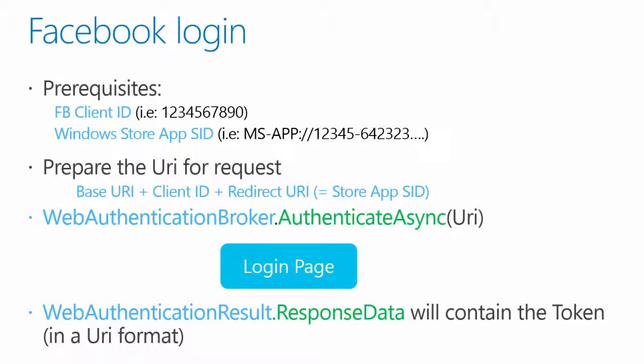As you can see, it's really simple to trigger this process because we just have one entry point, one single method to call. Calling this method will cause the broker to pause our current application and display the Facebook login page in full screen. If the user inserts the correct credentials, the broker will return us the authentication token in the response data field. Otherwise, an error code is returned. Once we have the token, we can read the user profile and impersonate the user.